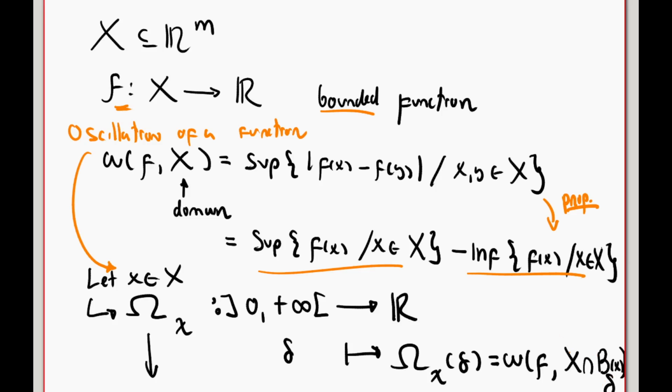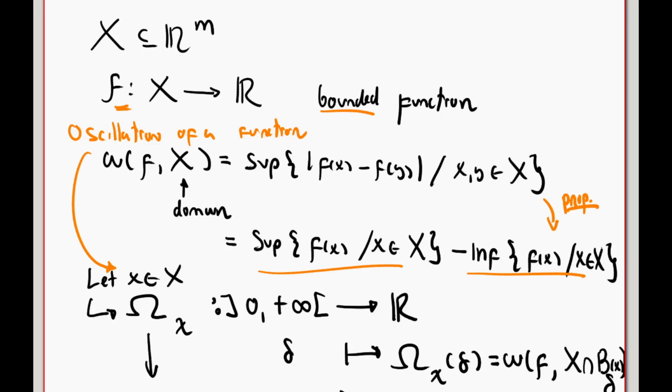This smaller part of the domain will have a smaller oscillation than the function defined on the whole domain. So this function will naturally have an upper bound, which is the oscillation of f on the whole domain. It is also bounded below by 0.